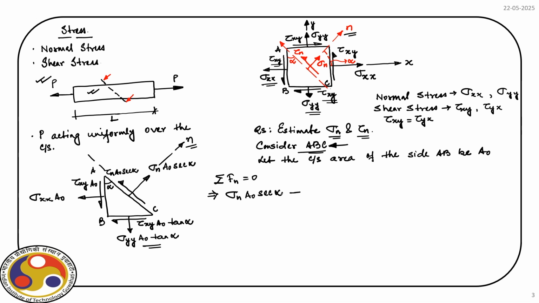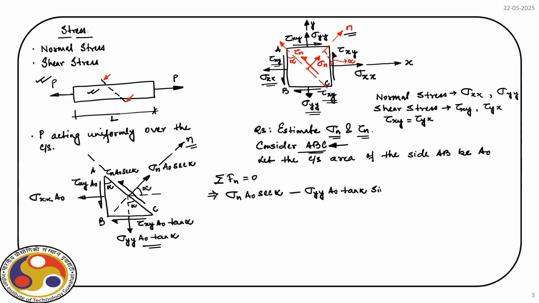So, that is in the reverse direction. So, we have sigma yy A naught tan alpha, a component of that. So, we can figure out that component. So, this angle is alpha, obviously this angle is also alpha. So, the component along perpendicular n is the sine component.